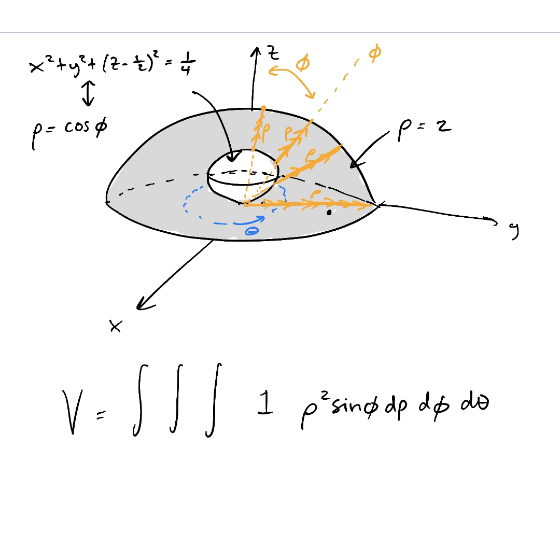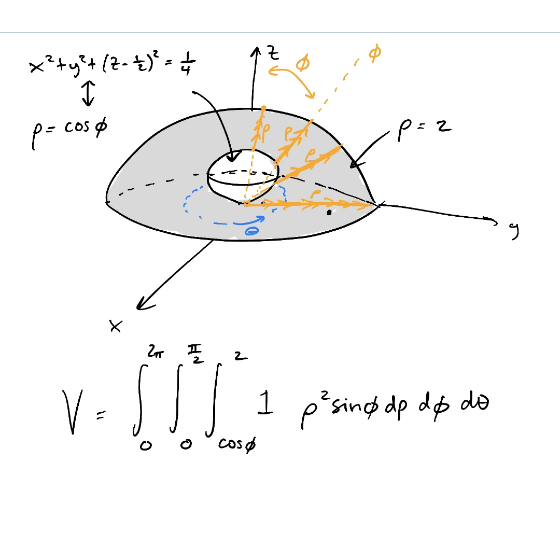Theta, we decided, that's the blue angle. That goes all the way around, 0 to 2 pi. Phi, we already decided, that's the tilt down from the positive z-axis angle. So we have phi values 0 to 90, 0 to pi over 2. And then finally, innermost, for any such choice of theta and phi, rho varies from inside sphere to outside sphere.